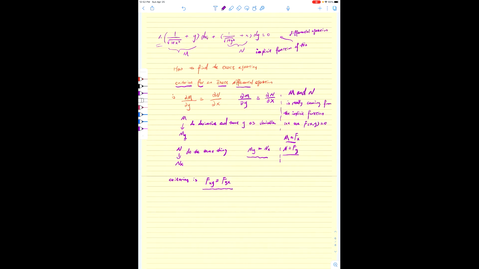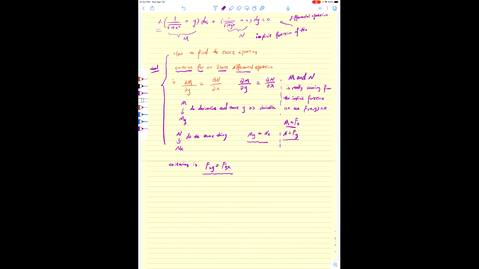Okay, since we already have a quick review of the tool that we need, what we're going to do is solve the problem. How can we find the implicit equation above?